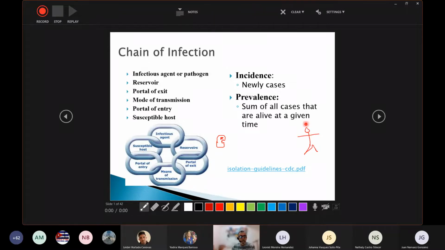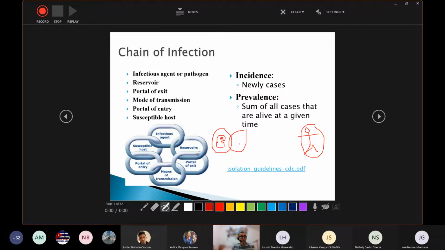But this human needs to be susceptible. And this human is called the host. So the susceptible host is the last link. So first you build in your mind the two links that are in the extremes. The next link is, where is this bug living?